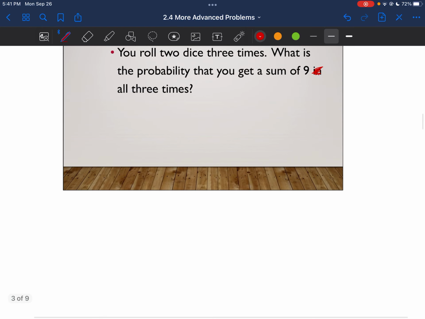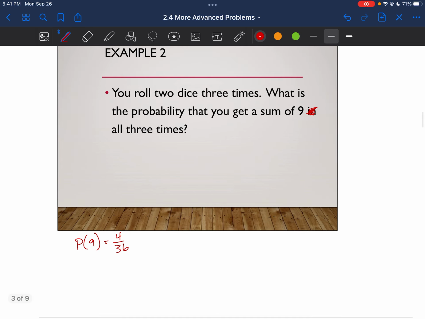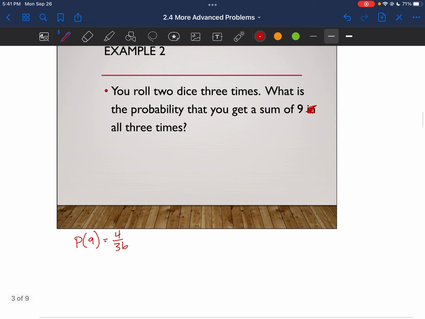So the probability of getting a 9 is 4 out of 36. And remember, I want to roll a 9 and roll another 9 and roll another 9. So what I'm really looking for here is the probability of rolling a 9 times the probability of rolling a 9 times the probability of rolling a 9.